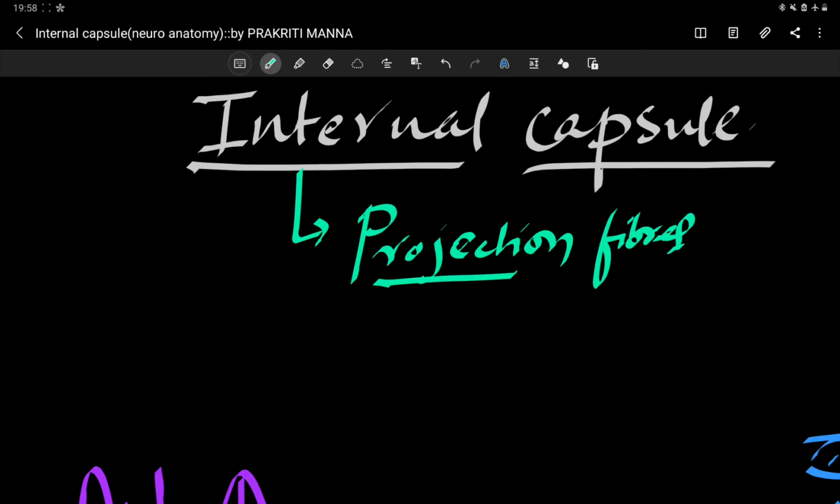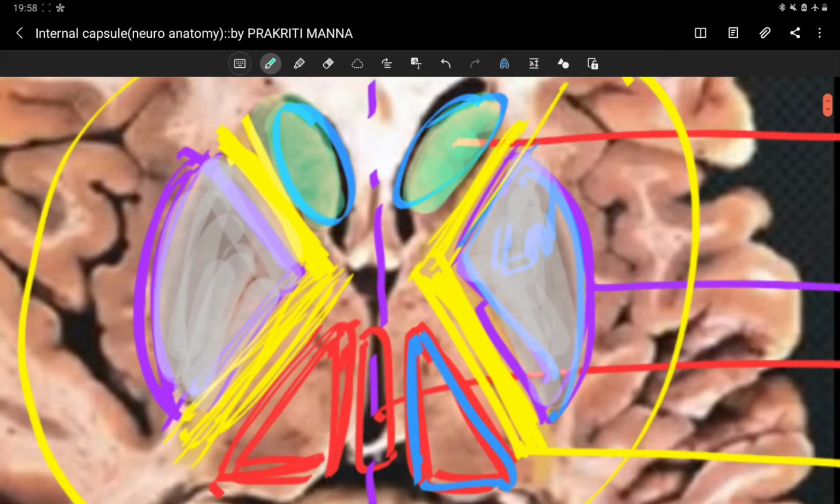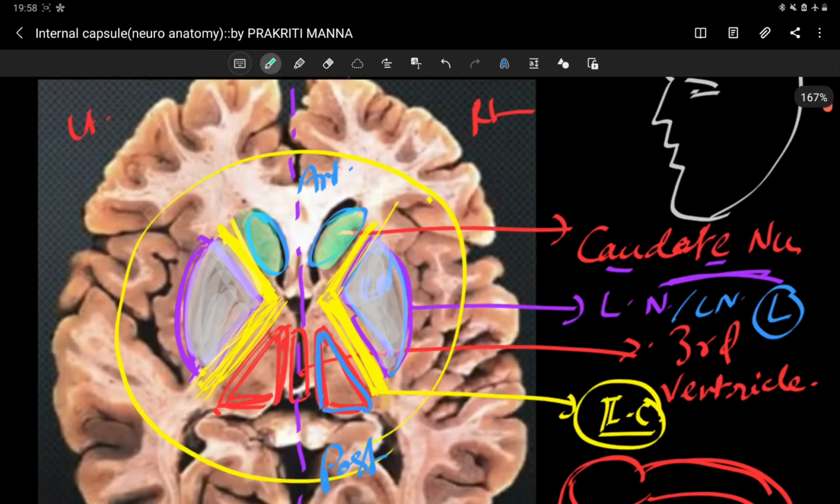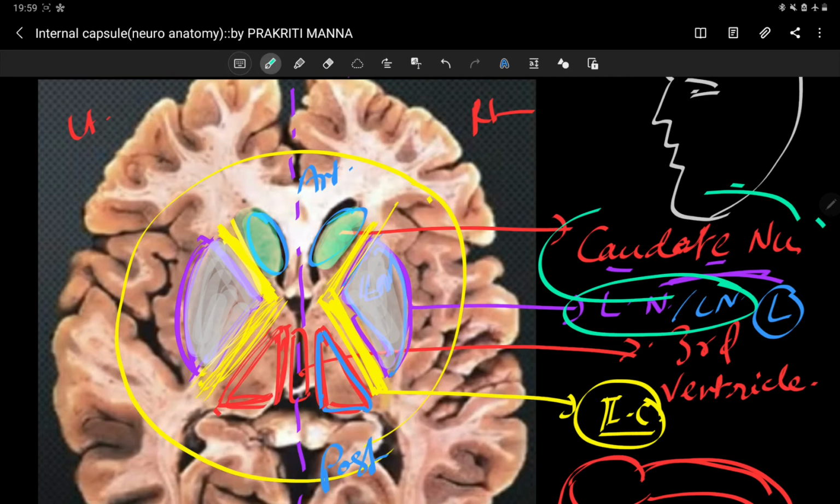You can see here in the superior view, the horizontal section of the brain, the location of the internal capsule. Laterally you can see the lentiform nucleus, anteromedially you can see the caudate nucleus, and posteromedially you can see the thalamus.